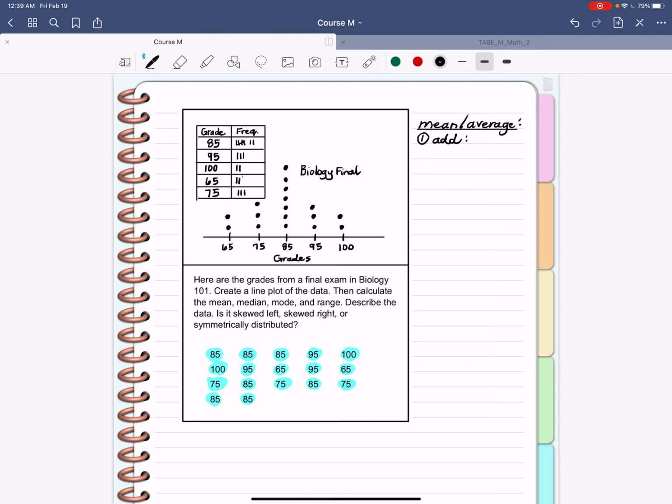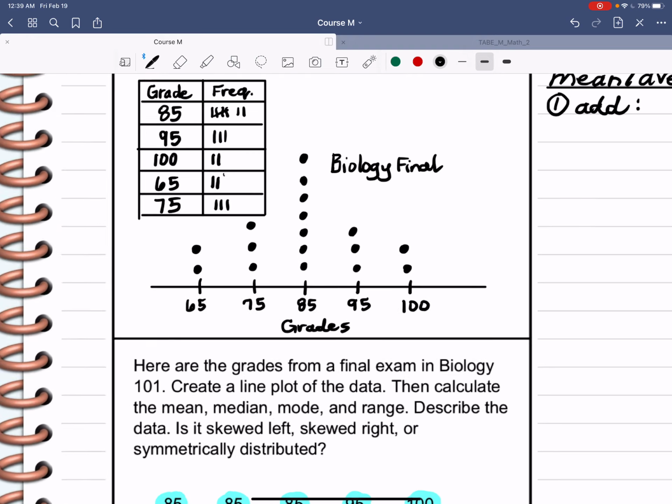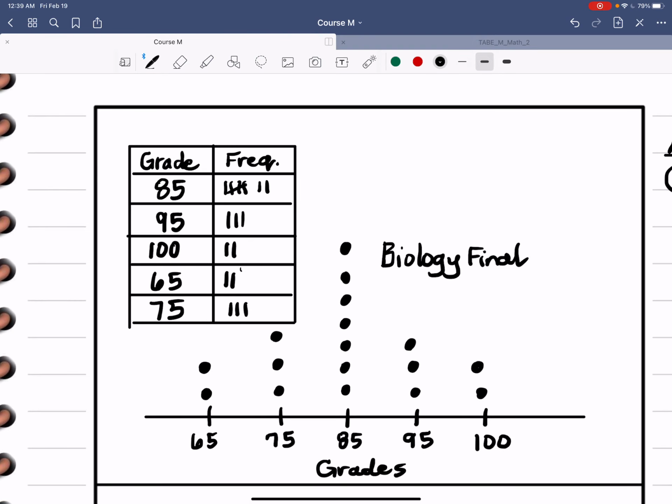So I'm going to add up all of the grades, and I'm going to do it right here because that's the easiest for me to do. So I'm going to say 85 times 7. If you have parentheses on your calculator, you can do that. Plus 3 of the 95s, plus 2 100s, plus 2 of the 65s, plus 3 of the 75s.